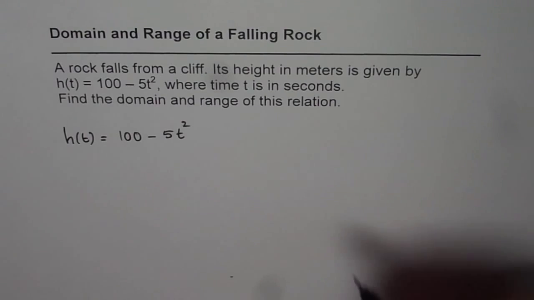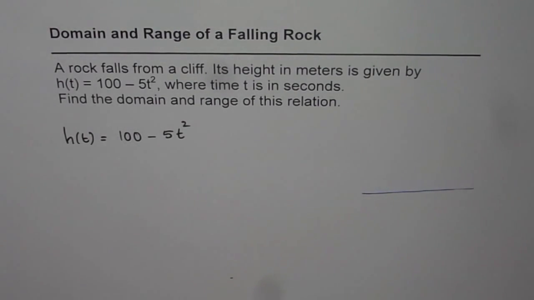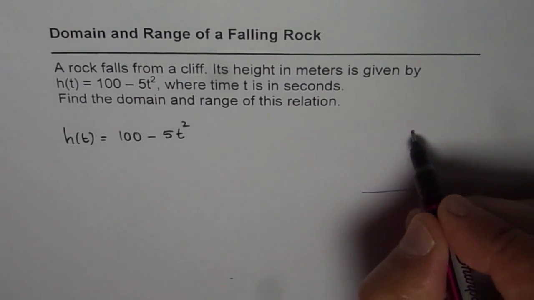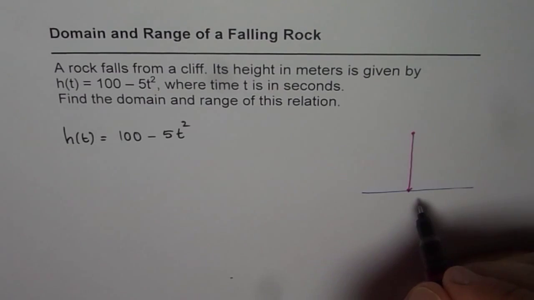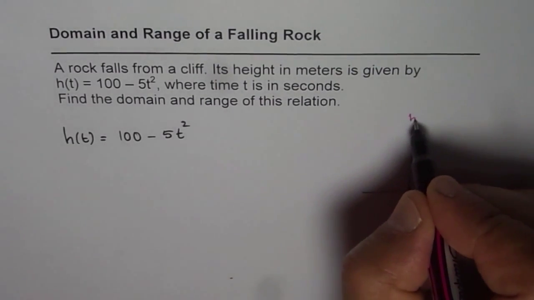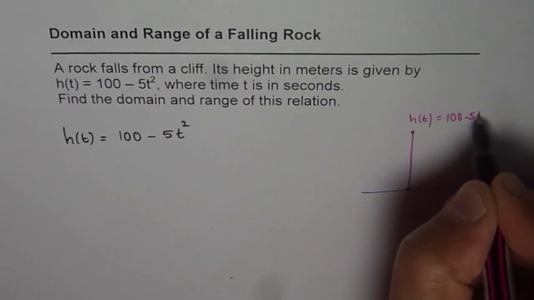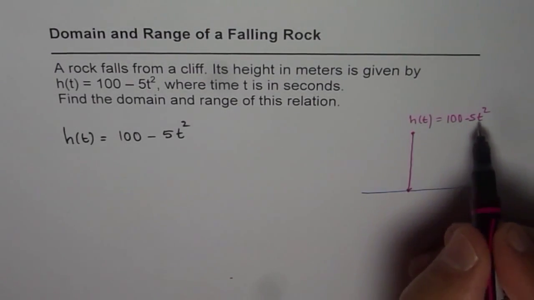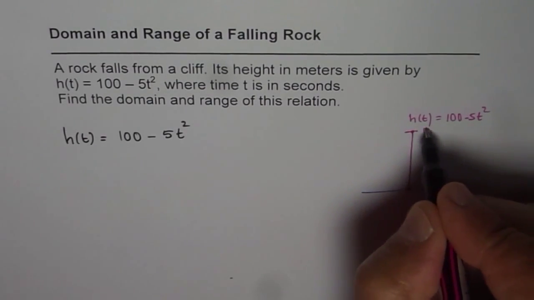So let us assume that this is the ground and the rock is falling from some point here, and that is the fall, right? Now this fall is a free fall, and for h(t) = 100 - 5t², we know if t is 0, then the height is 100, right? So this is 100.